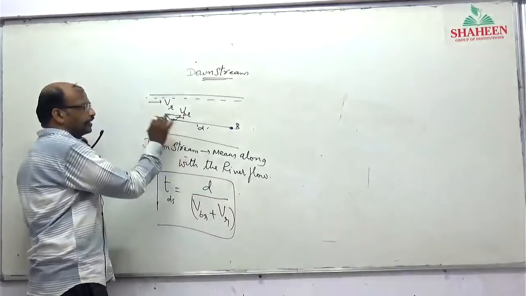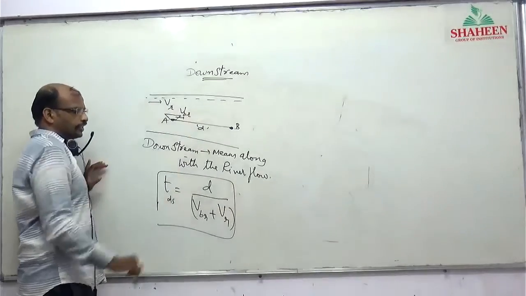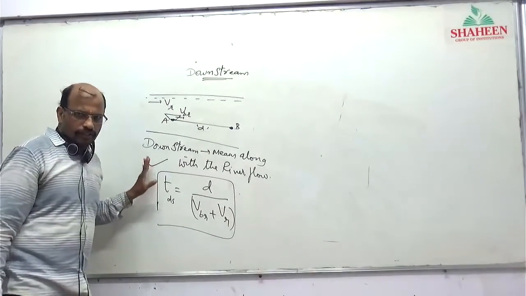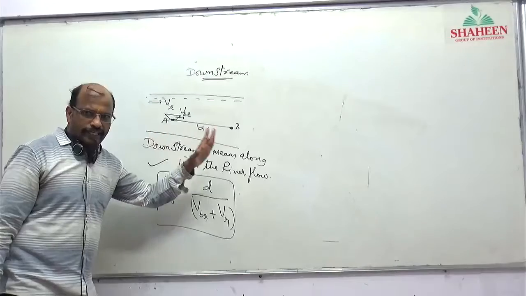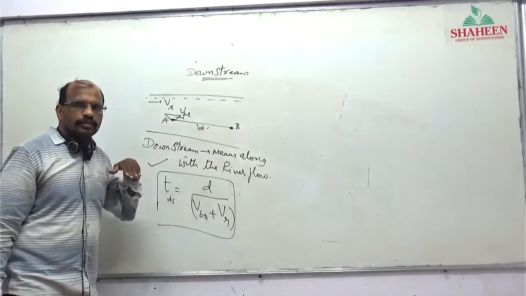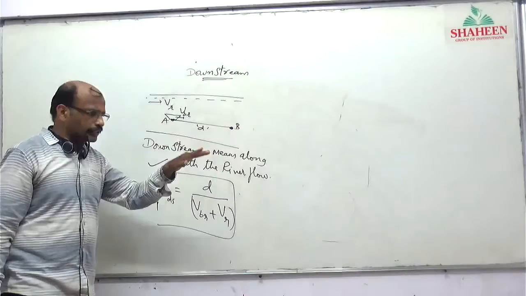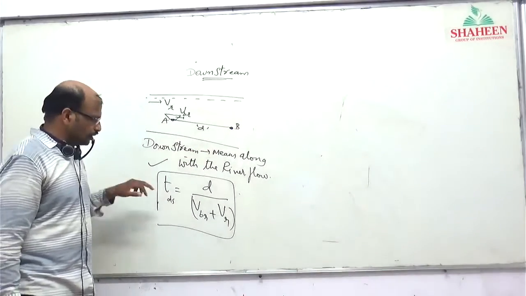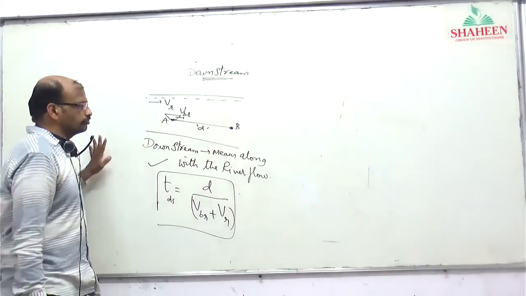Boat with respect to river and river is also flowing in the same direction. Time taken to reach from A to B, if boat is moving in the direction of river, is downstream. So time taken in downstream we got.